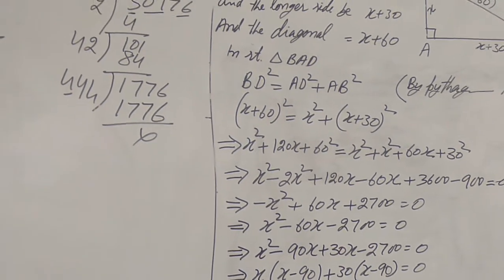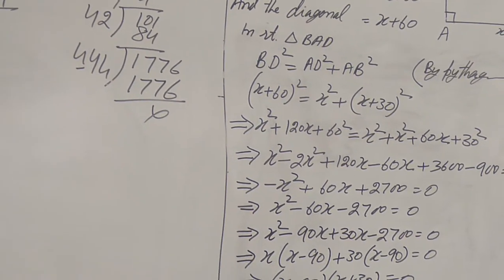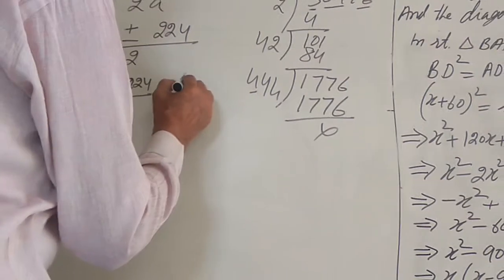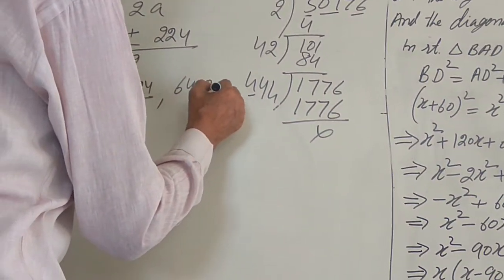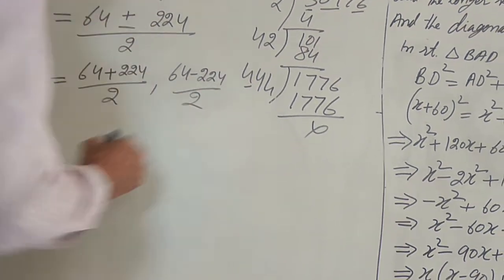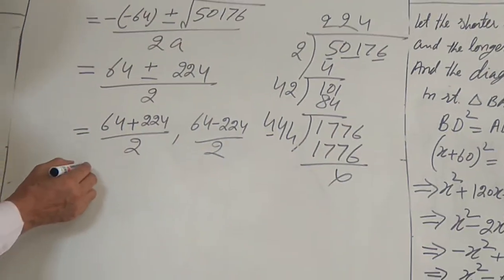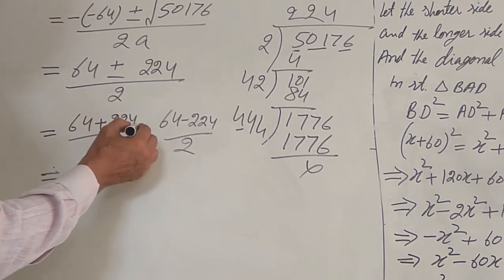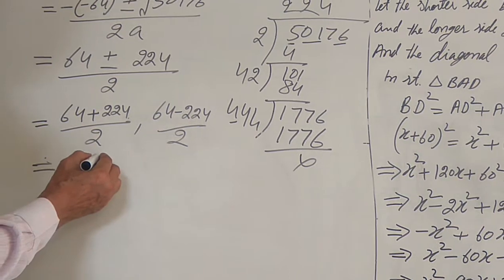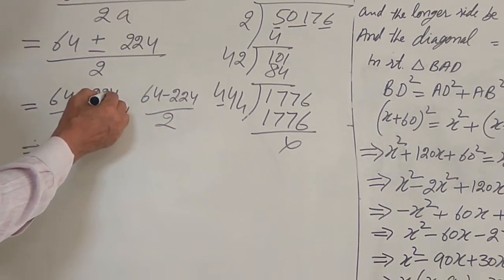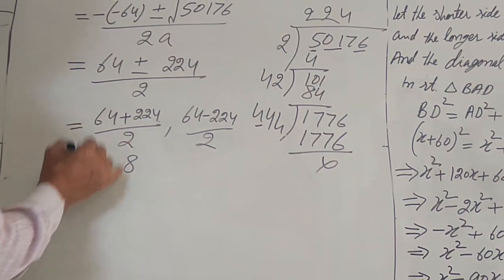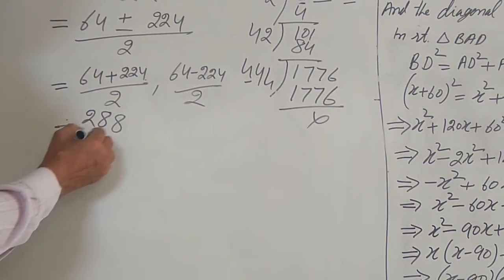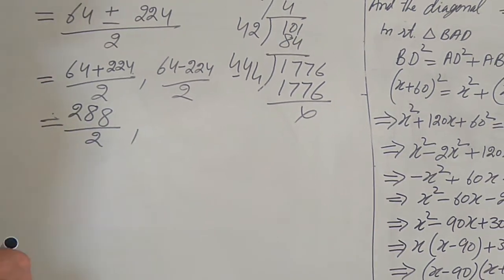So 64 plus 224 upon 2, and the second one will be 64 minus 224 upon 2. This should give you 4 plus 4, 8, 2, 8 and 2 upon 2.